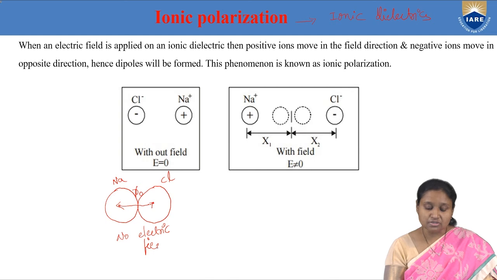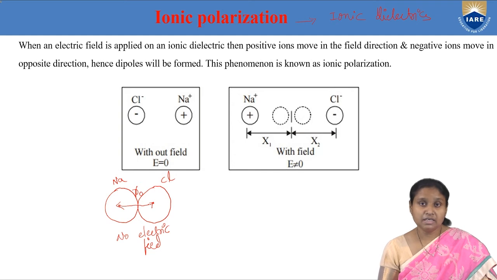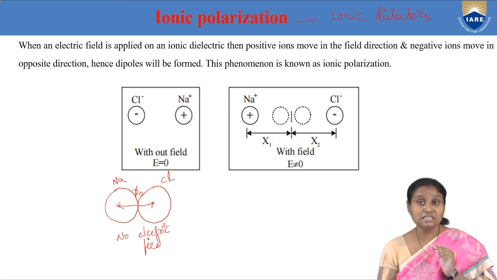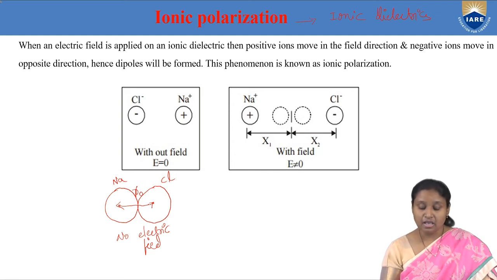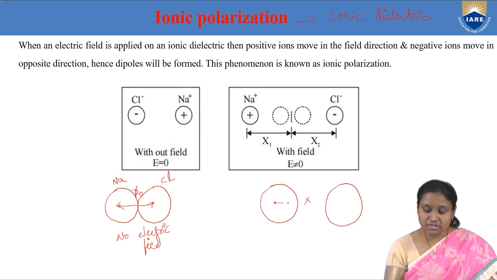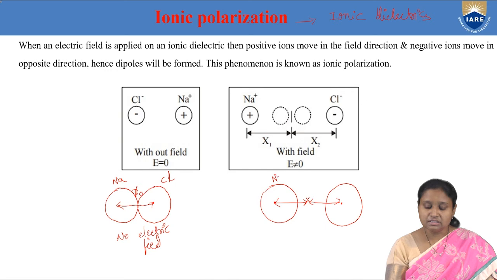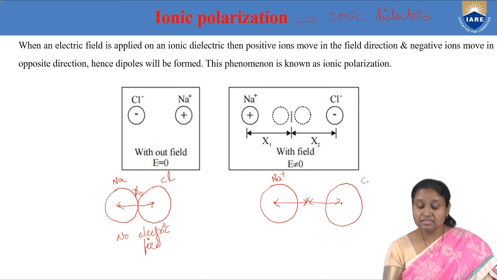But to such a sodium chloride molecule, if I apply an electric field, then what happens? This electric field is going to force these ions to get separated. The sodium and chlorine ions will be displaced from their original equilibrium position. As you can see, this is our Na plus and this is our Cl minus.